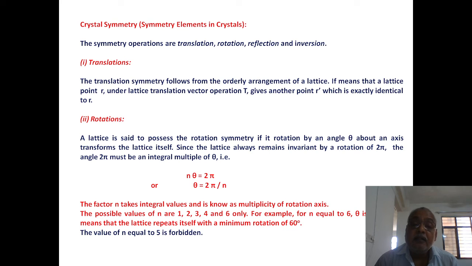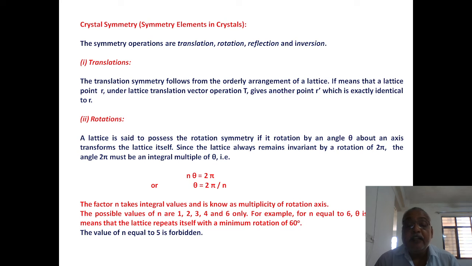Rotation में क्या होगा? A lattice is said to possess the rotation symmetry if rotation by an angle theta about an axis transforms the lattice itself. Since the lattice always remains invariant by the rotation of 2 pi, that is 360 degree, the angle 2 pi must be an integral multiple of theta.